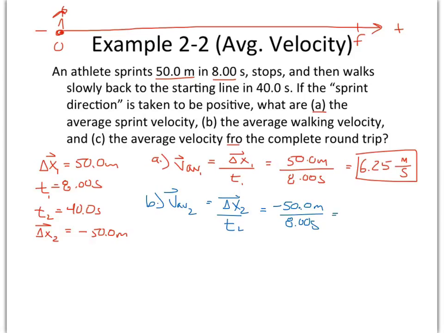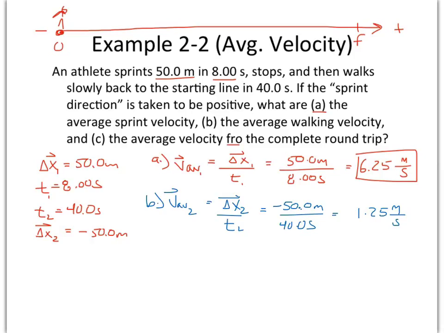And so if we do the same numbers but with a sign, oh, I'm sorry, no, not 8 seconds. It takes a longer time to get back. 40.0 seconds. So 50 divided by 40, I should have been able to do that in my head too. 1.25 meters per second, right?